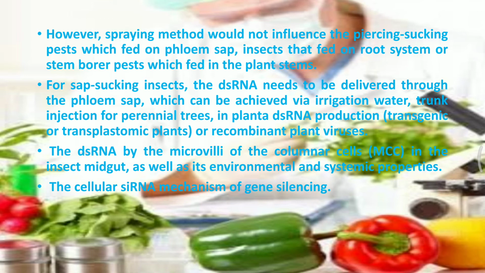But when we are using this spraying method, we have to keep in mind that this will only affect the plant pests that are surviving over the leaf, not the ones sucking the cell sap. For those insects which suck on the cell sap, it is important that we introduce the gene of our interest inside the plant.